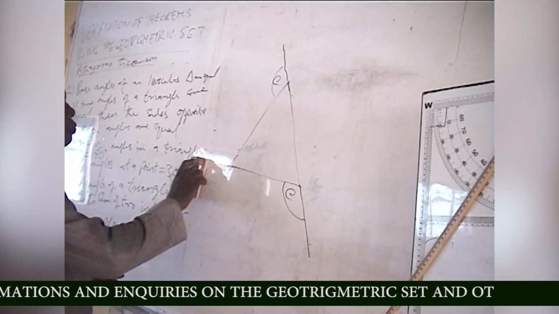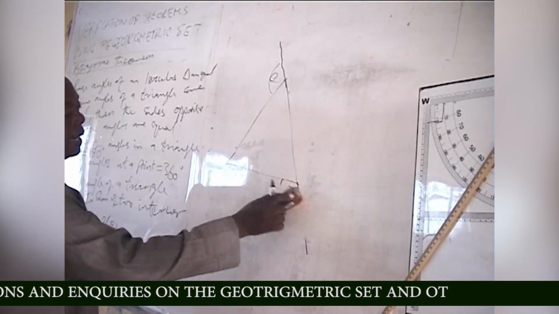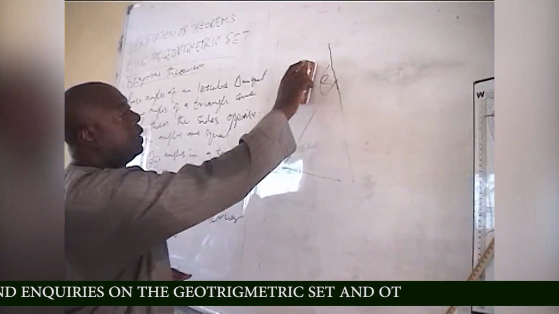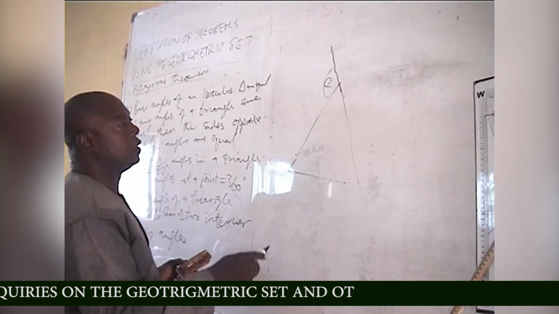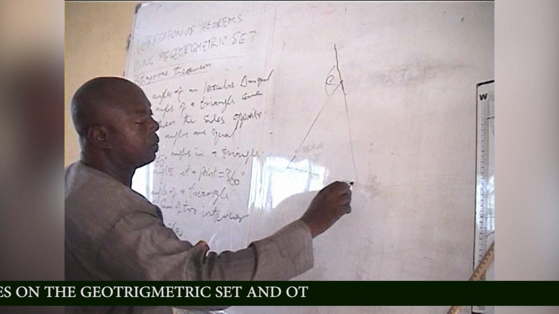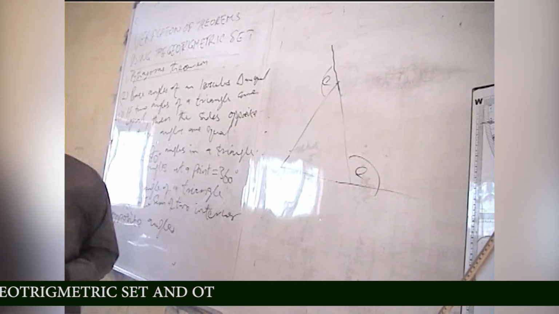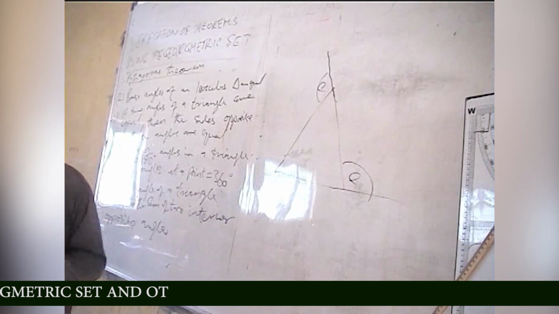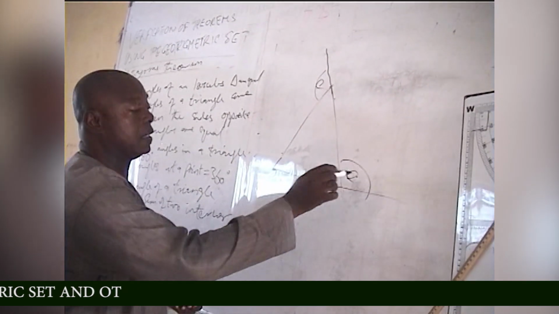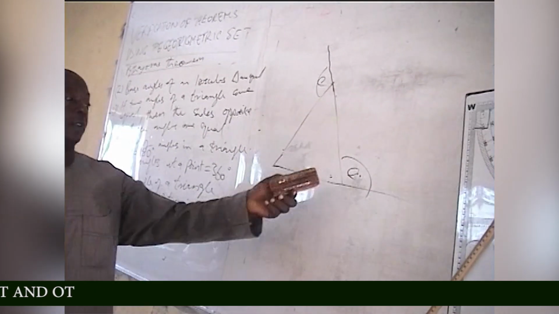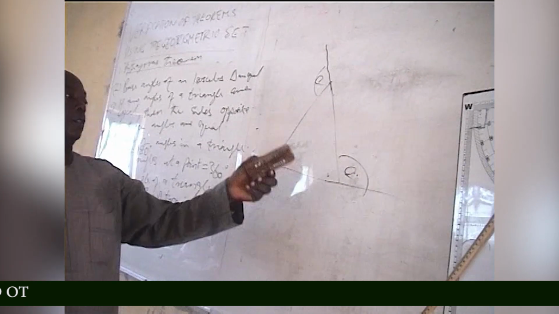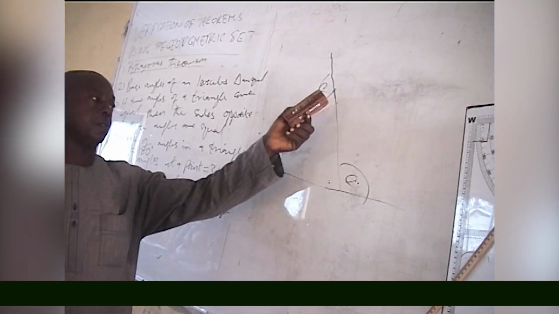So it depends on once you produce a line in a triangle, anywhere you produce it. If you produce this one, this one becomes your E. At any time you produce a line, both of them will be angles on a straight line. If you are given this and you want to find this.